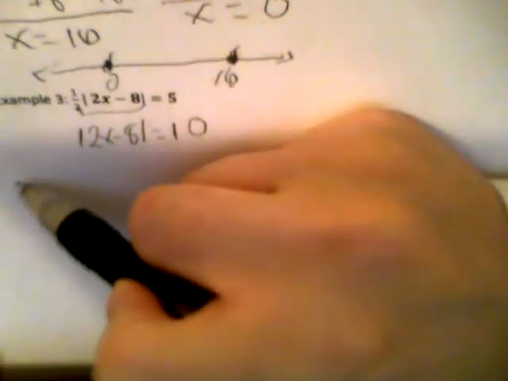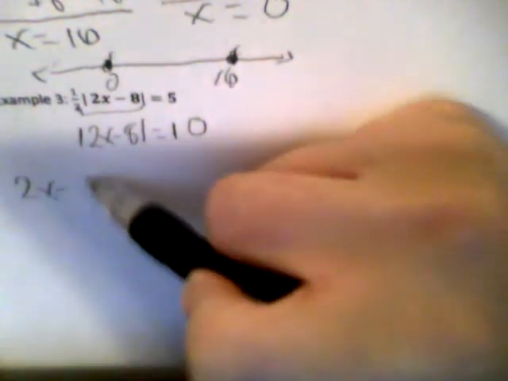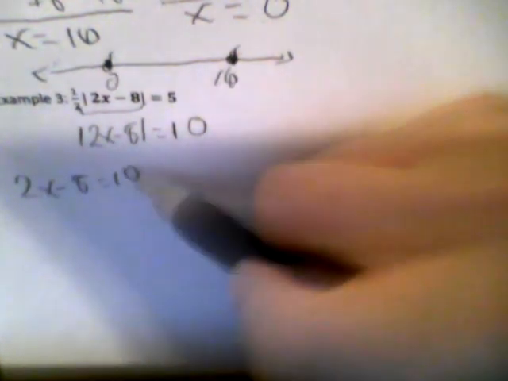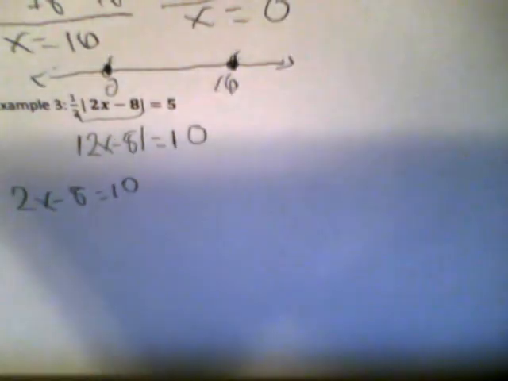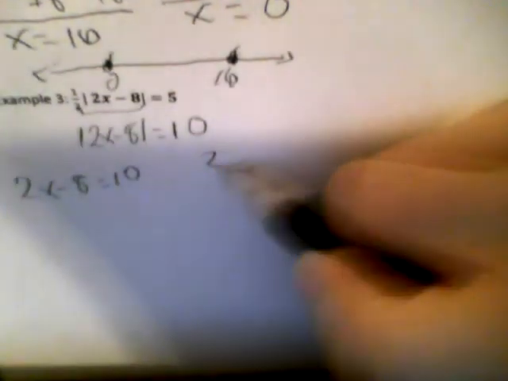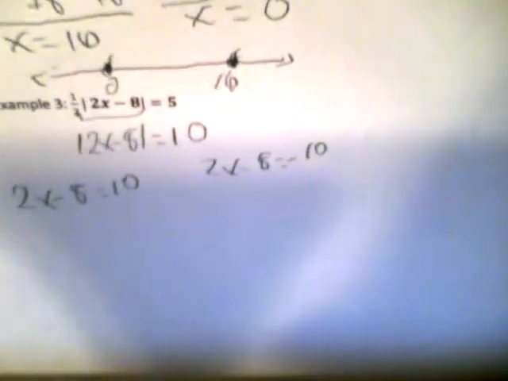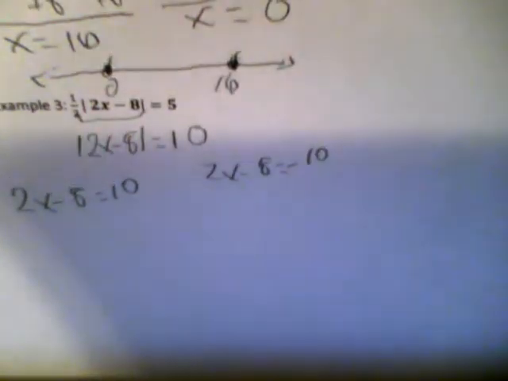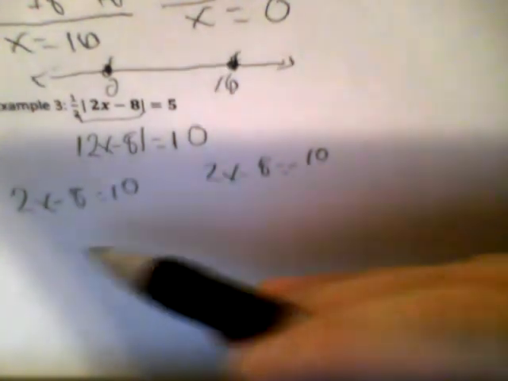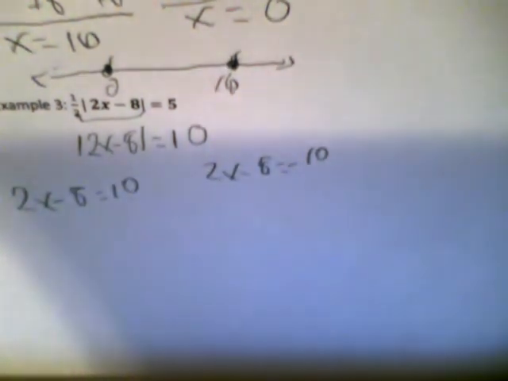So I have to set up my two equations. One equation is going to be 2x minus 8 is equal to 10. And my other equation is going to be 2x minus 8 is equal to negative 10. All right, now I just have to solve both of these equations in order to get my two solutions.